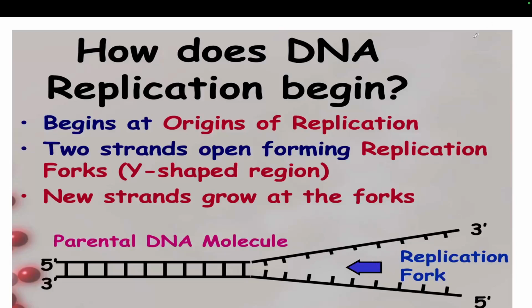In case of bacteria or prokaryotes, the replication fork will proceed bidirectionally, which means the replication fork can be polymerized from this direction as well as this direction, because it is circular. But in case of eukaryotes, because it is linear, it is unidirectional. The polymerization will happen unidirectionally.